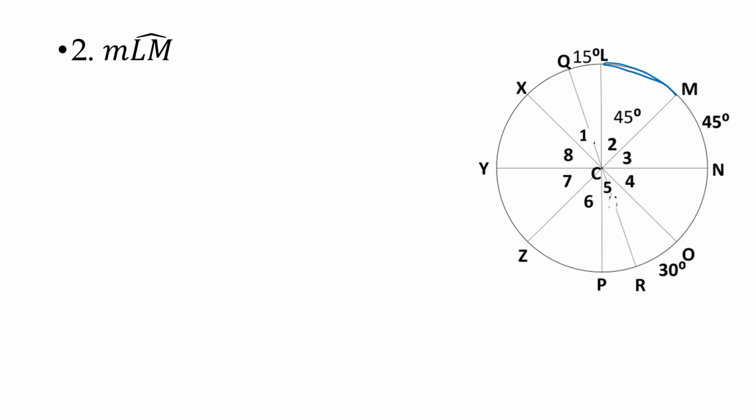Arc LM is intercepted by angle LCM. Then angle LCM is a central angle. So since the central angle is 45 degrees, therefore the arc LM is also 45 degrees. So therefore, the measure of arc LM is 45 degrees. I've already mentioned to you the relationship between central angle and the intercepted arc.